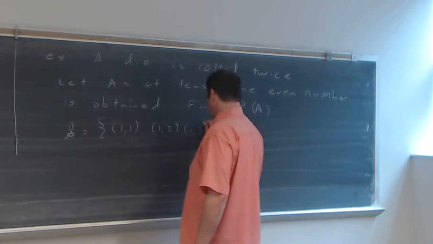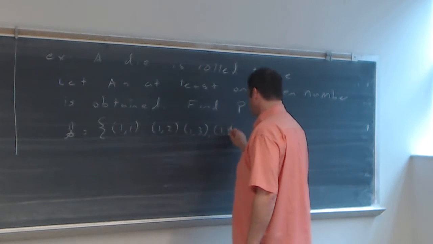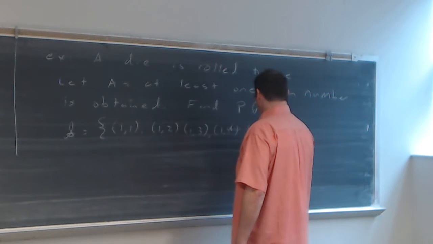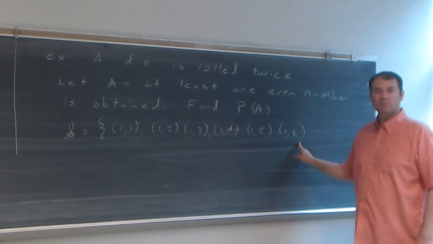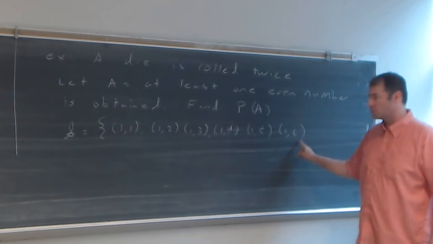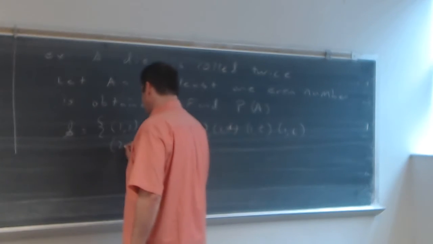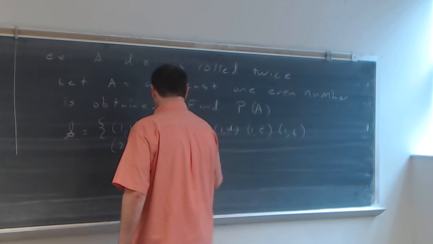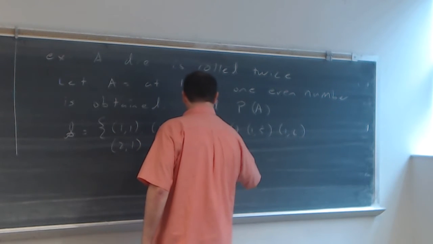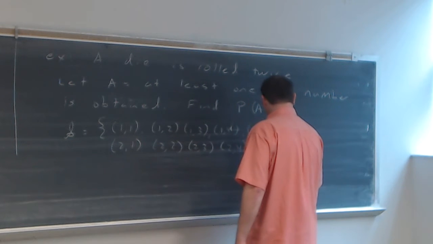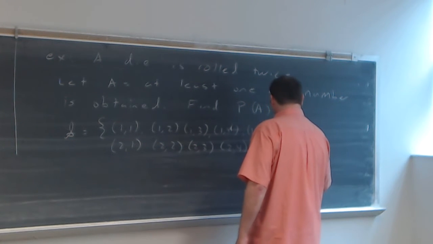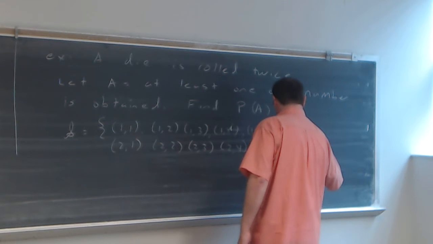You could get 1,3. You could get 1,4. You could get 1,5. You could get 1,6. Those are all the outcomes available in this random experiment where the first die roll is a 1. But then you could have gotten 2,1, 2,2, 2,3, 2,4, 2,5, and 2,6.